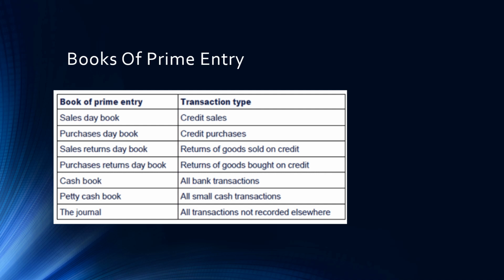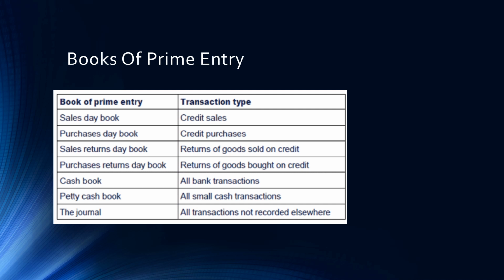First, we'd have our sales day book where we record our credit sales. Then we have our purchases day book where we record our credit purchases. Then we have our sales returns day book where we record our sales returns, and purchase returns day book where we record our returns of goods bought on credit.